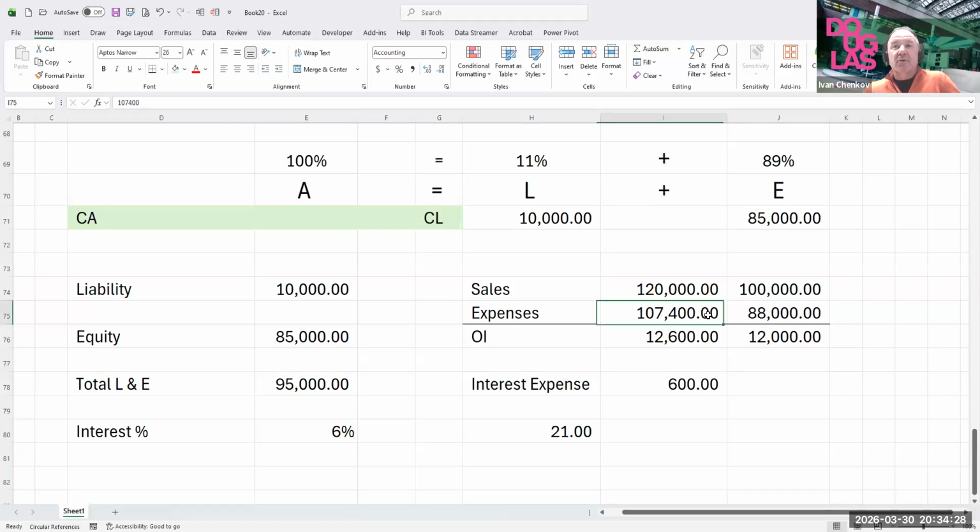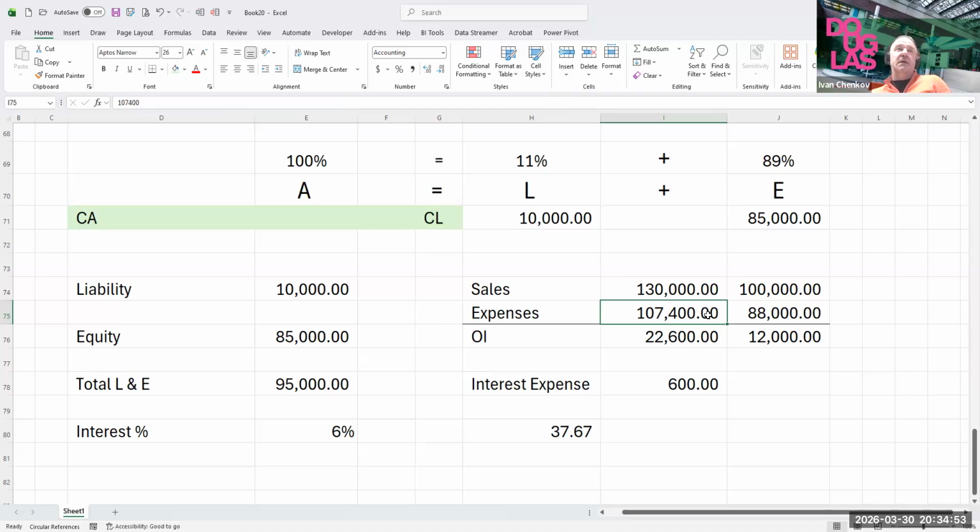When is this gonna make sense? Only and only if you're generating more. Now it makes sense. Why? Because you're generating 10,600 more with the 10,000 debt added to the capital structure of your company.